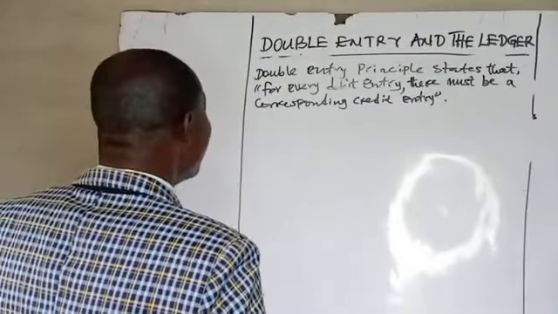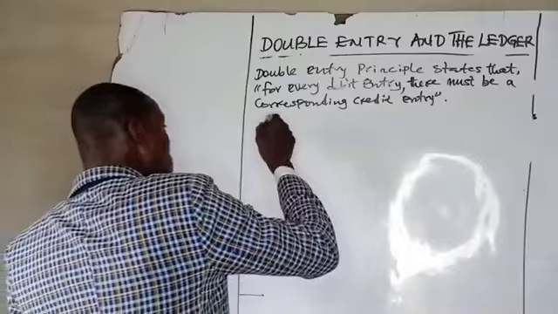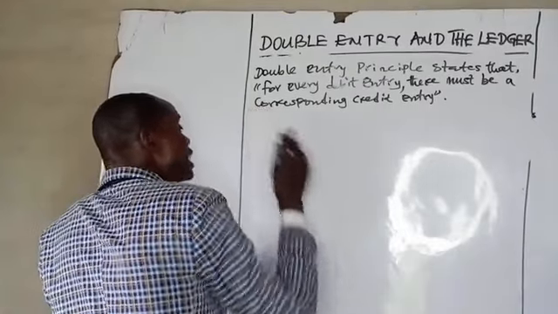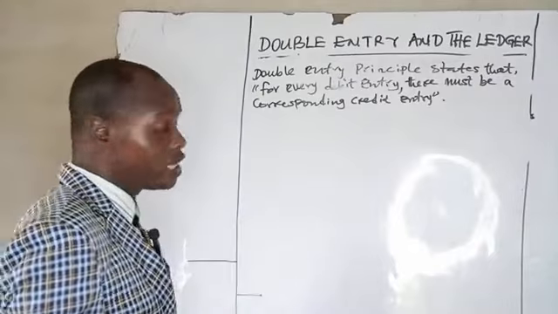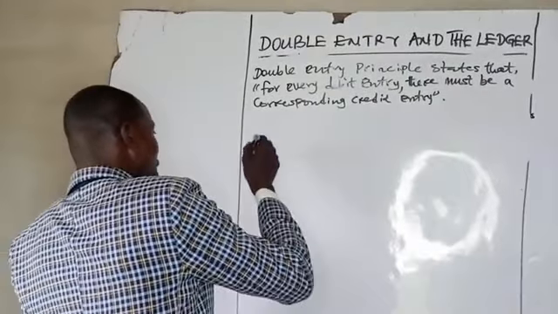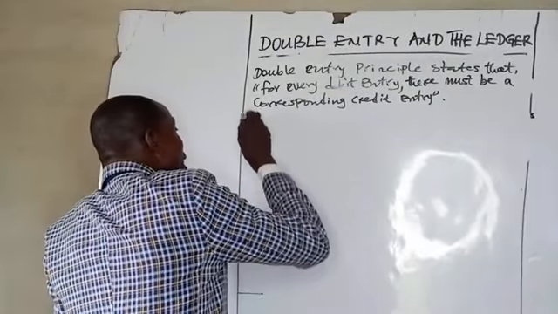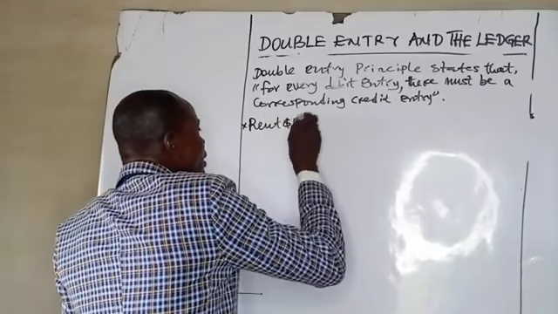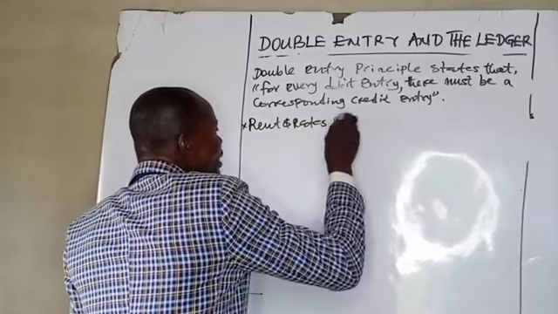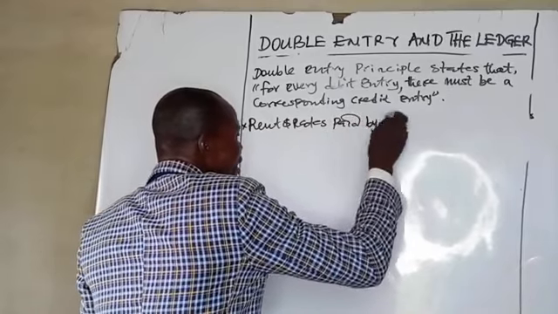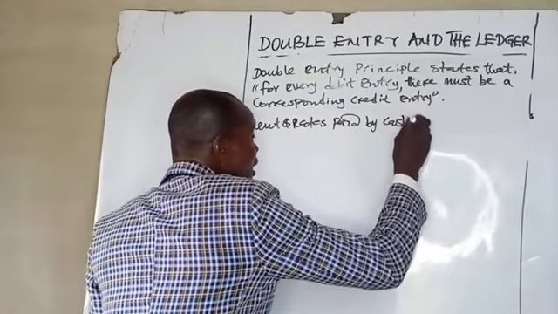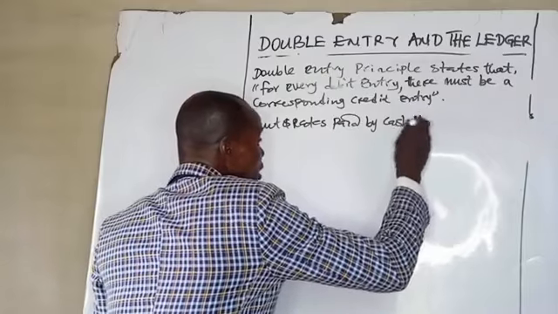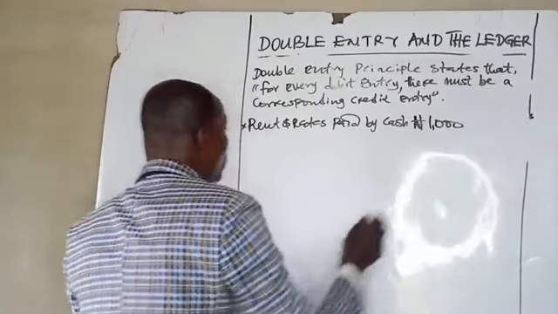I've told you that a business transaction is anything that involves exchange of value in monetary terms. I gave you an example earlier, rent and rates paid by cash, 1,000 naira.